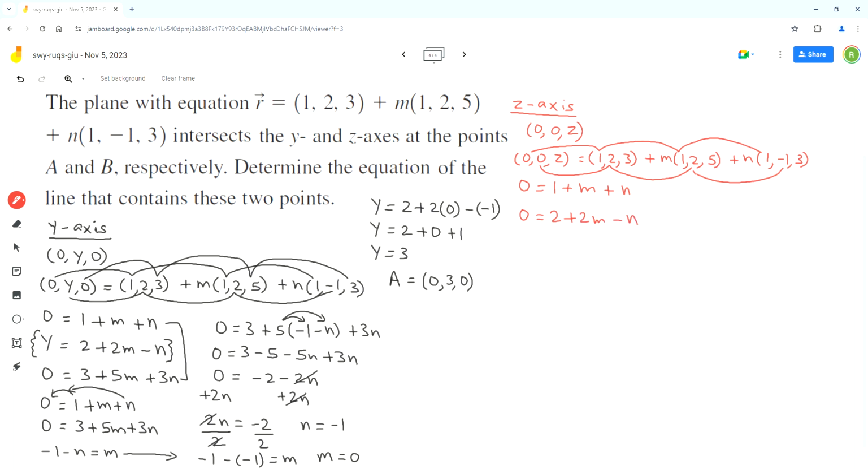And next we can write the z equation using the z components. So these are the parametric equations. Now we have to find the values of m and n associated with the point B, and then use those values of m and n to find the value of z. So we'll use the first two equations to find the values of m and n.